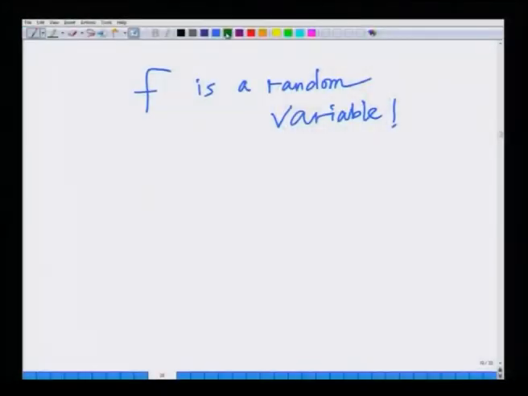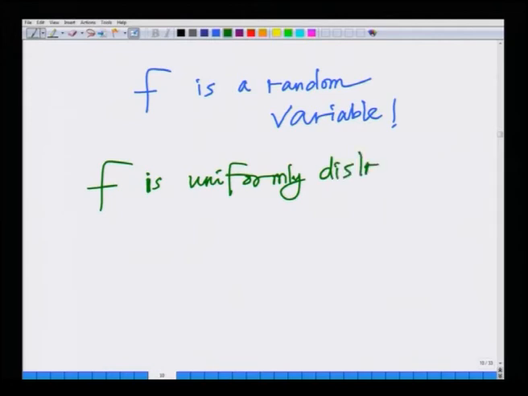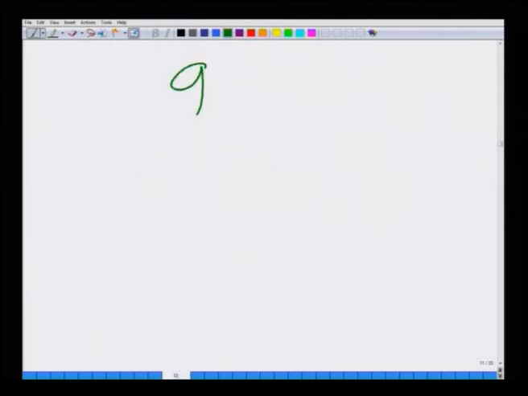So, f is random and this fraction f is uniformly distributed. If I were to draw the distribution, let me denote the probability density function of f by g f of f.